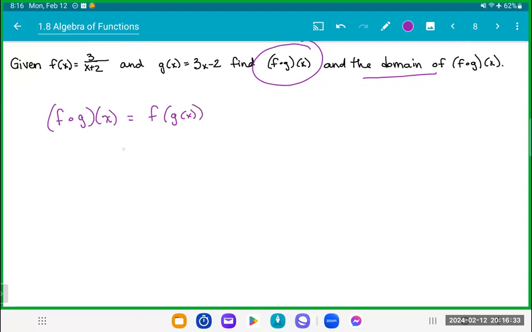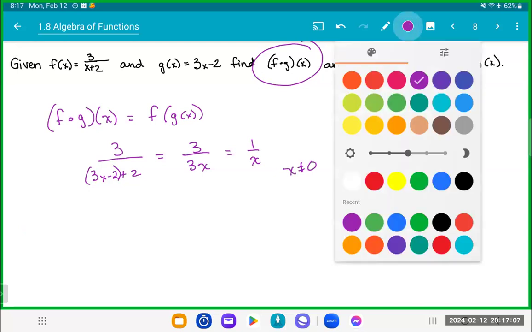So my f function, which is 3 over x plus 2, but I need to substitute in my g function for my x. So this is going to give me 3 over 3x, which is the same as 1 over x. Therefore, when I'm looking at my domain, I know that x cannot equal 0.